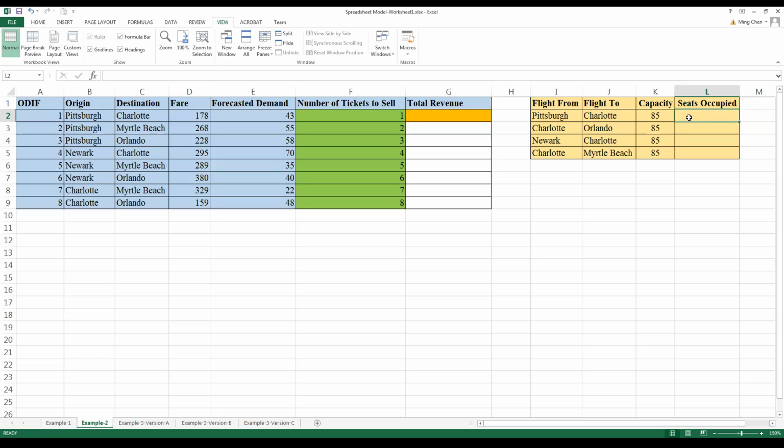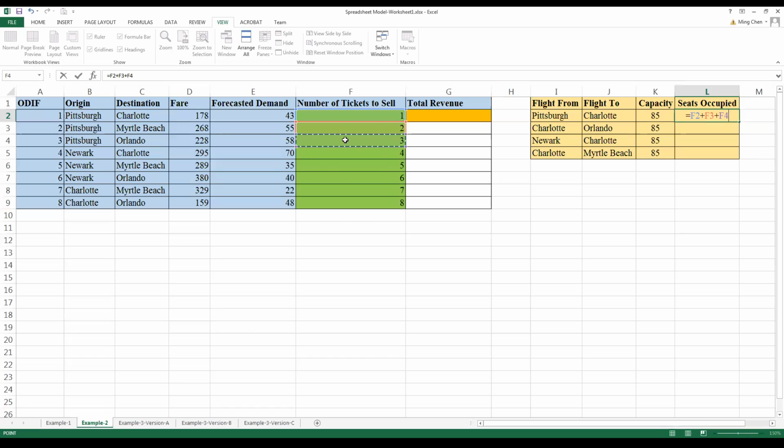So that's why the total number of seats occupied based on your solution will be F1. That's how many will fly direct from Pittsburgh to Charlotte. Plus F2. That's how many will be flying from Pittsburgh to Myrtle Beach with a connection in Charlotte. Plus the ones who are going from Pittsburgh to Orlando with a connection in Charlotte.